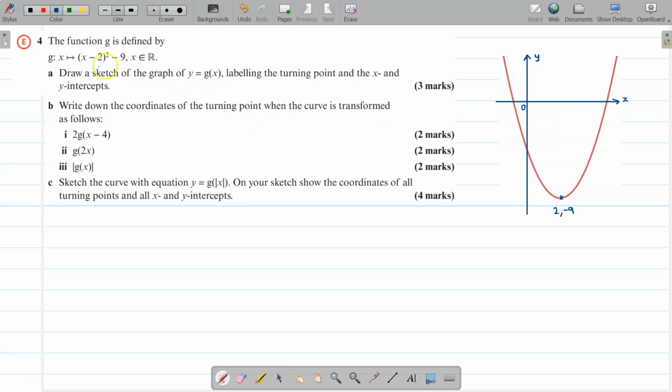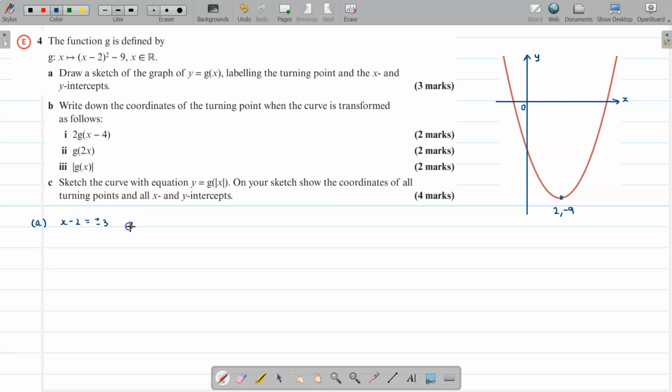Because this is given as a completed square form, we can solve it quite quickly. From there we can say that x minus 2 equals plus or minus 3, just by taking the 9 to the other side and rooting it. And then we just add 2 to both sides.